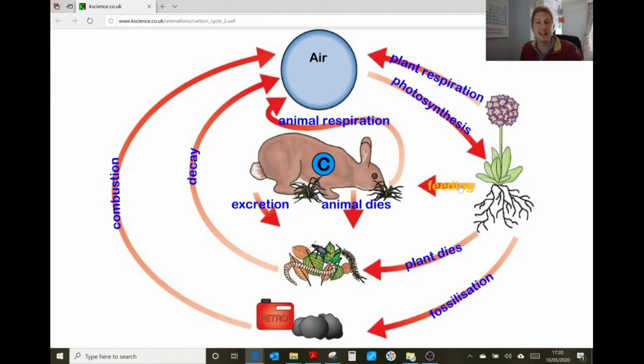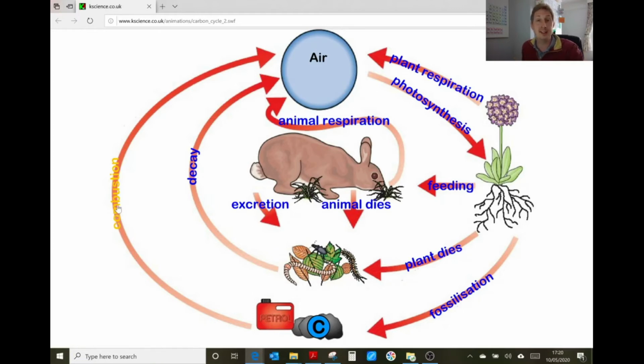Let's call this one Lily. This time, Lily's perfectly well and healthy, breathes out the carbon back into the atmosphere, taken in by another plant. Now this plant happens to get buried and turned into fossil fuels, coal, oil and natural gas, until we burn them.